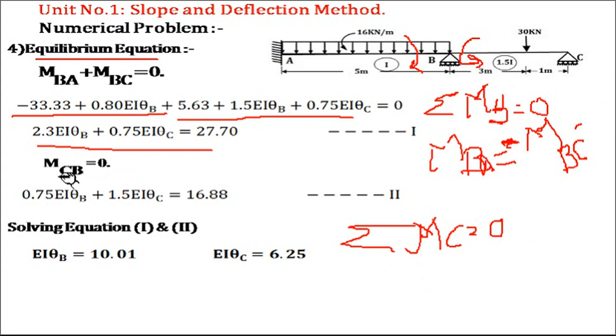We know the equation for moment, that is 0.75 EI theta B plus 1.5 EI theta C equal to 16.88. Now solving equations 1 and 2, we get the value of EI theta B as 10.01 and EI theta C as 6.25. Here we cannot apply summation of moment at A equal to 0, as there is a fixed support.